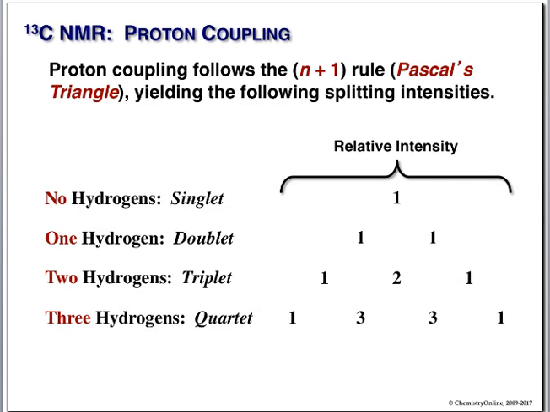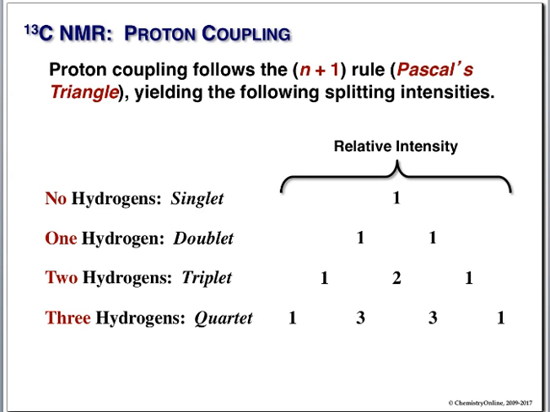If we have no hydrogens attached, our peak will turn out as a singlet. No hydrogens, nice single peak. If we have 1 hydrogen, we will be split into 2 possibles. Again, they'll be at slightly different chemical shifts.